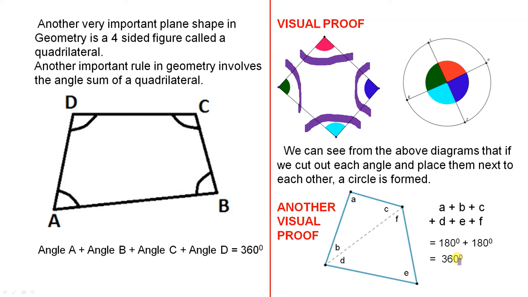When you add those together you get 360, because all those angles make up the angles of the quadrilateral. When you add C and F together, that gives you that angle there, and when you add B and D together, that gives you that angle there. So there's another visual proof.